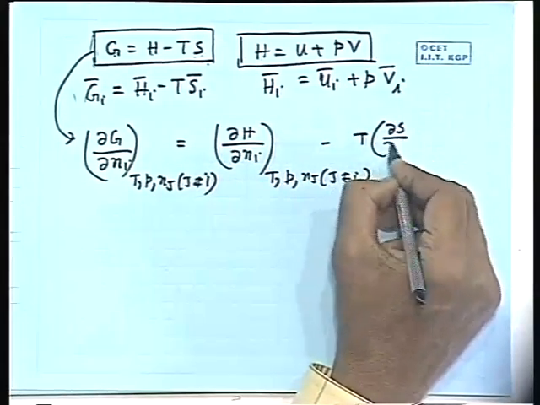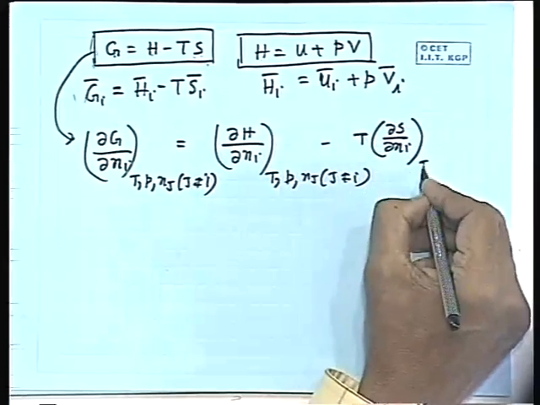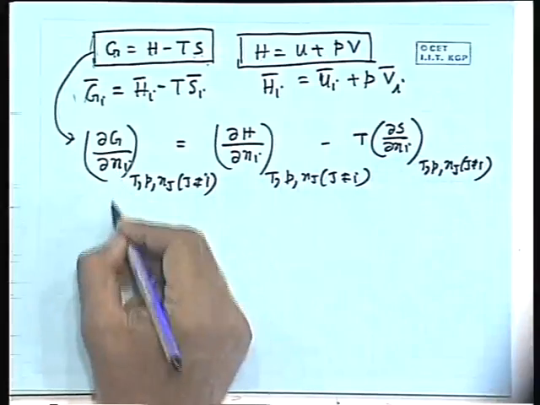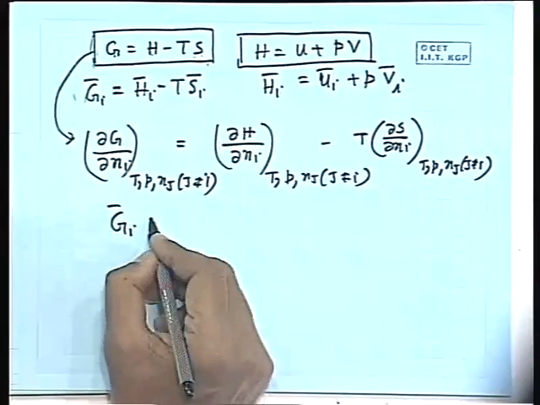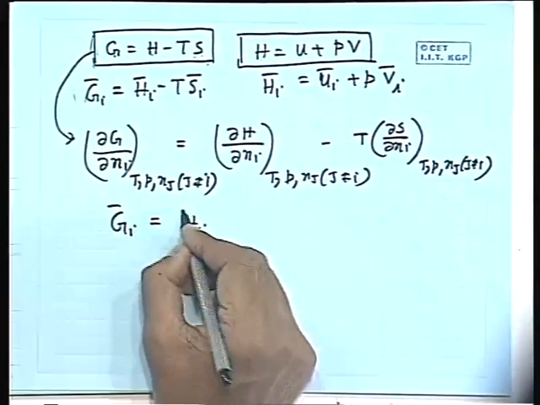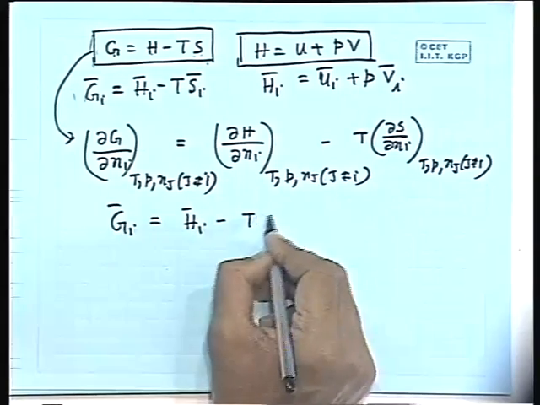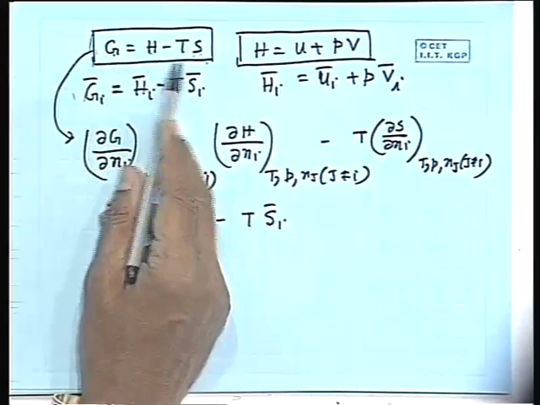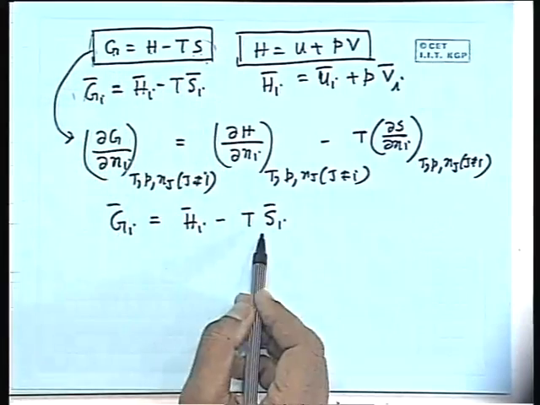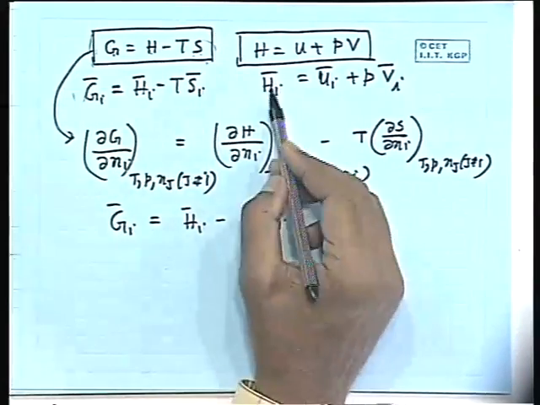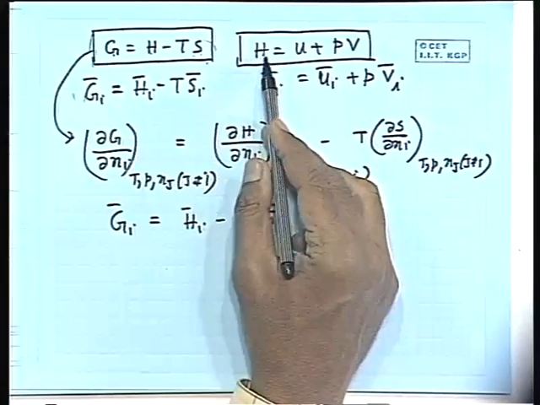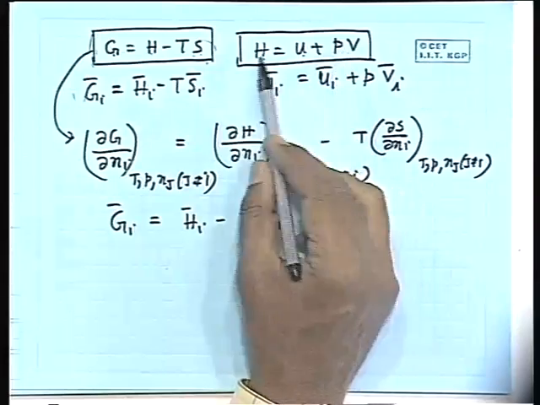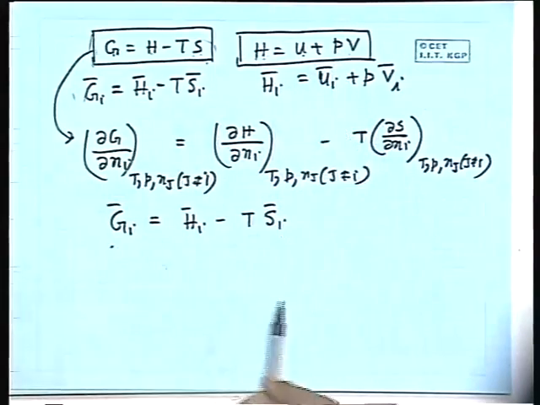Therefore, we have ∂S/∂n_i at T, P, n_j, j not equal to i. By definition this is Ḡ_i, and by definition this is H̄_i, and this becomes T S̄_i. Therefore, we see that the same relationship G = H − TS holds good for the partial molar property. In a similar way, we can also prove it by differentiating H, and by differentiating U and V at constant P and T on both the left-hand and right-hand sides, we derive the same thing.